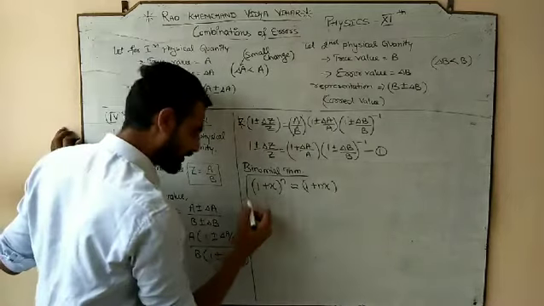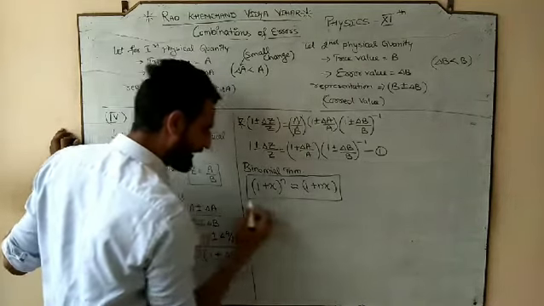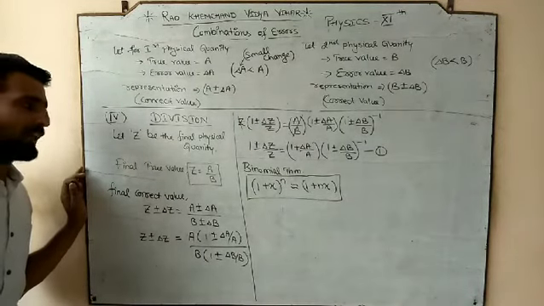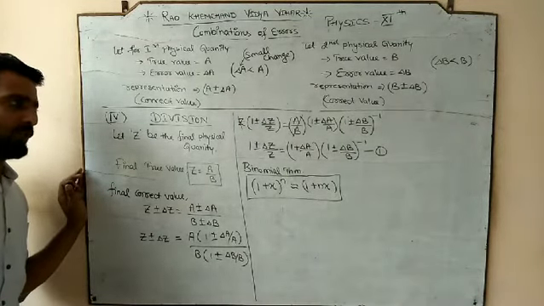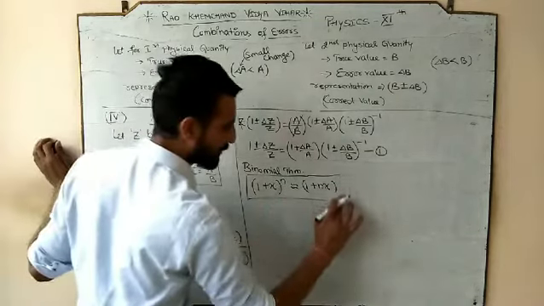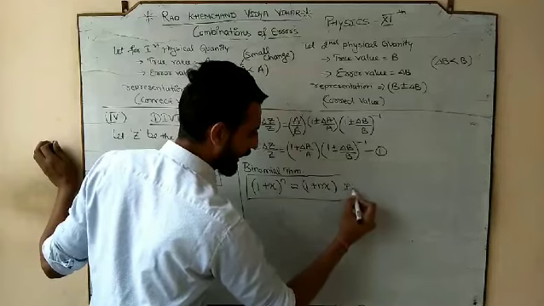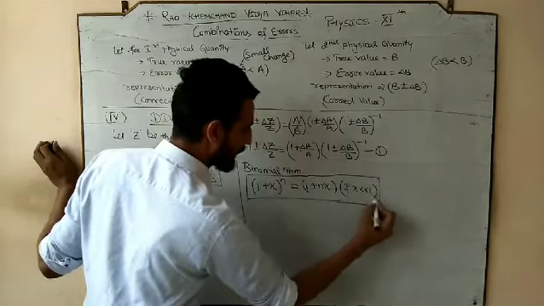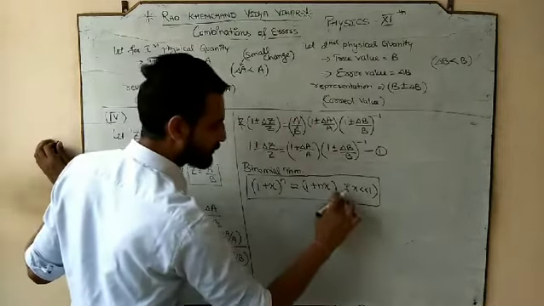I want all of you to write this above the margin as the binomial theorem. 1 plus x power n is nearly equal to 1 plus nx if x is very very less than 1.